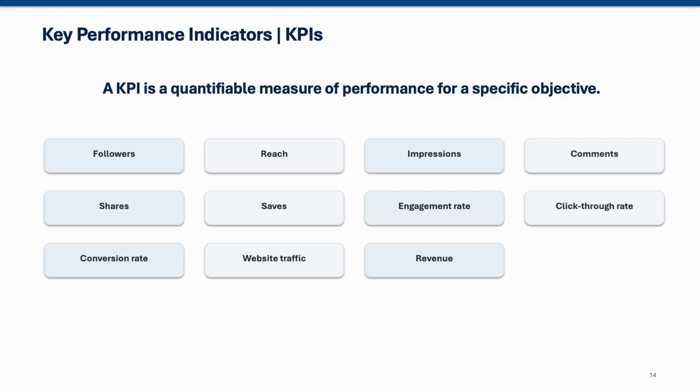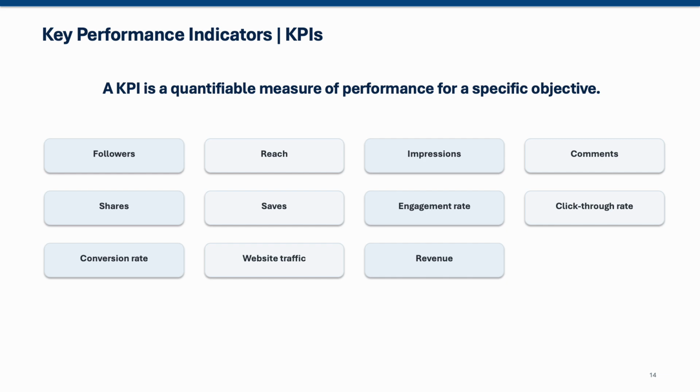Let's explore key performance indicators, or KPIs. Once we've established our goals and objectives, we need to determine how we're going to measure them. That's where KPIs, or key performance indicators, come in. A KPI is a quantifiable measure of performance for a specific objective.